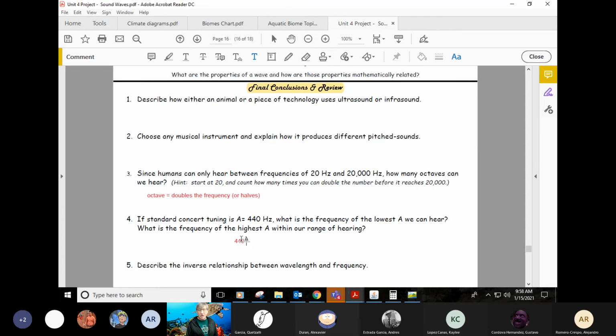That would be the note A. The next A up, you double that and you get 880, and that would be a higher A. If you want to go to a lower A, you divide by 2. What would that be? 220, huh? So these are all A's. As long as they're doubled or halved, it's still an A.